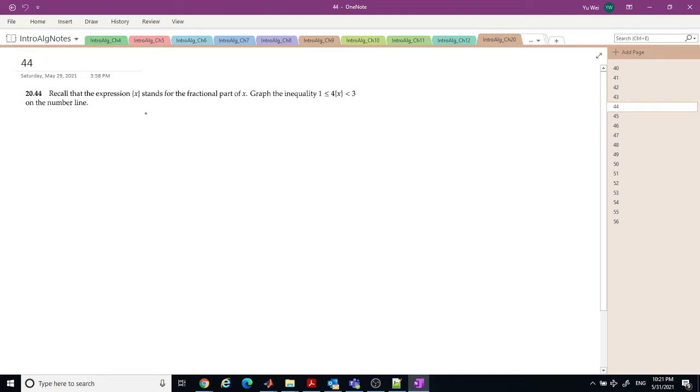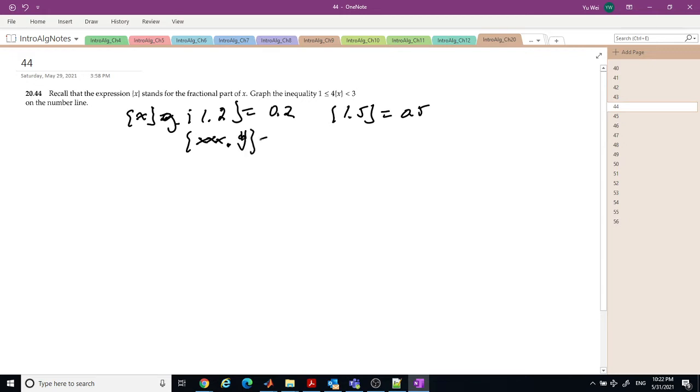Now let's see, the fractional part of x means, for example, 1.2 is equal to 0.2, and 1.5 is 0.5. For an integer plus 0.y, if it's a positive number, greater or equal than 0, then the fractional part will be 0.y.